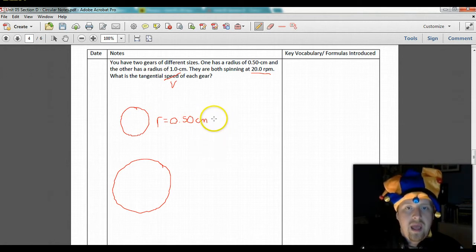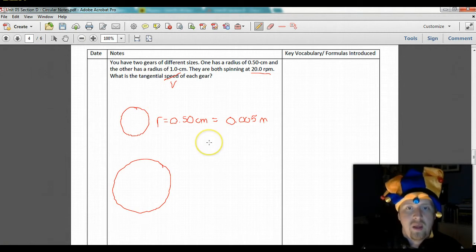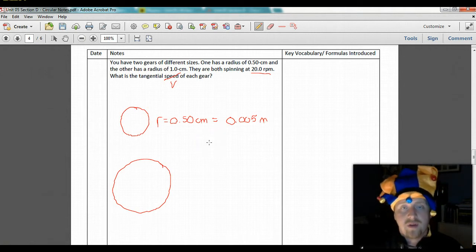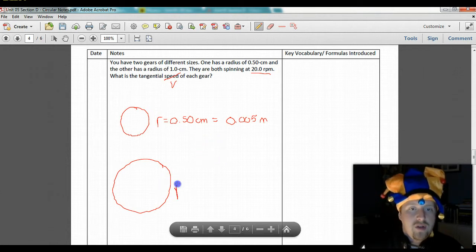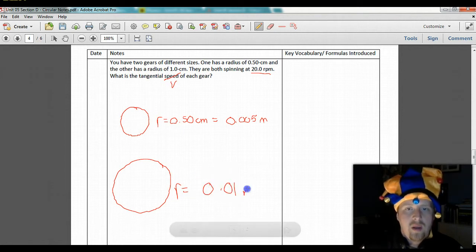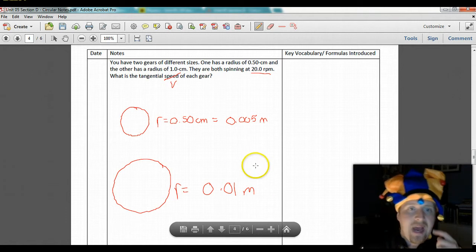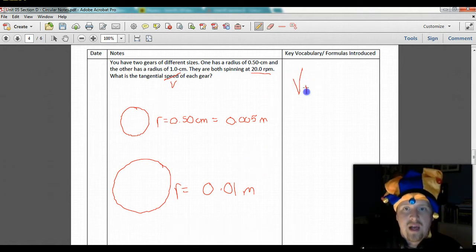So we're going to have to convert this to meters, and this happens to be 0.005 meters. Okay, small radius, but on some scales very large if you're looking at microscopic objects. The radius for this large circle, being 1 centimeter, is actually going to be 0.01 meters.